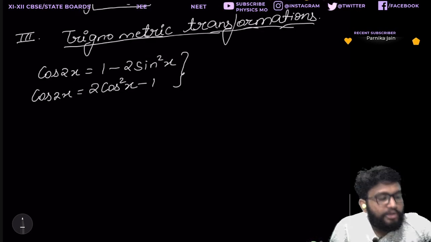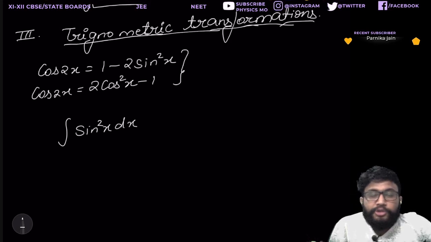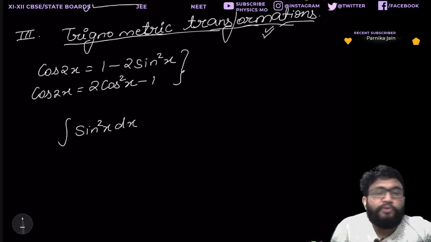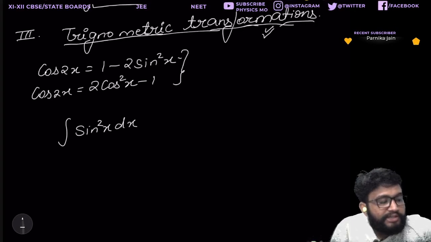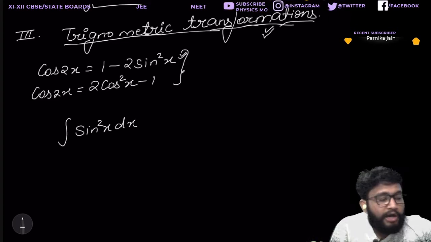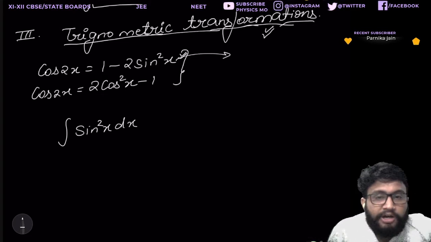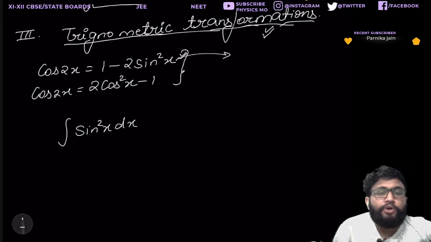Great. So if I asked you to integrate, let's say, sine square x first, you need to use trigonometric transformations, because we cannot integrate the square directly, but we have one equation which converts the square into linear, meaning its power is 1. This is cos 2x, a linear function. So we will change it, take 2 sin square x to the left side and cos 2x to the right side.